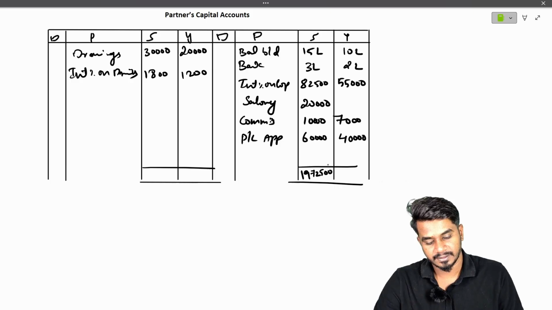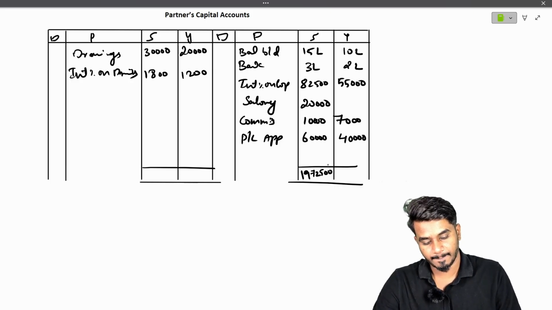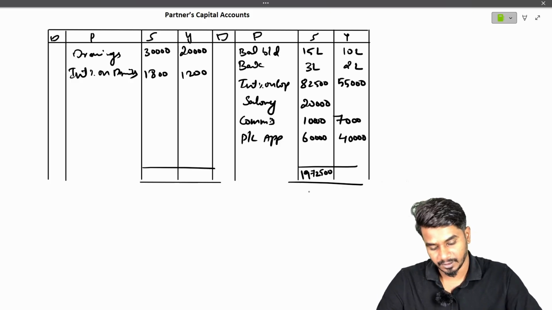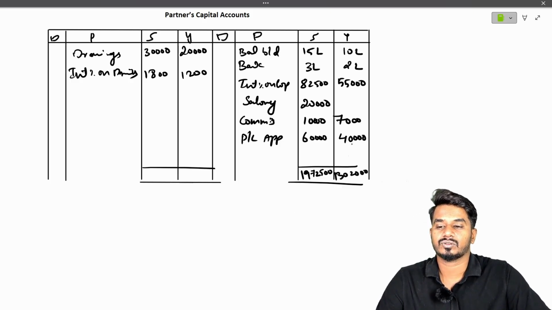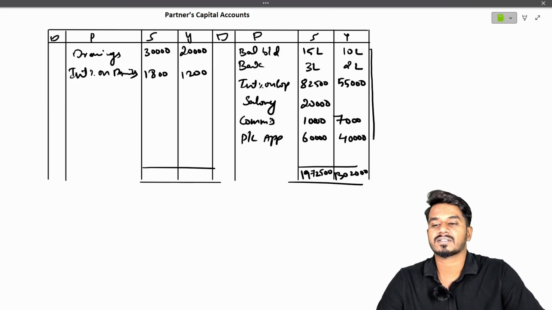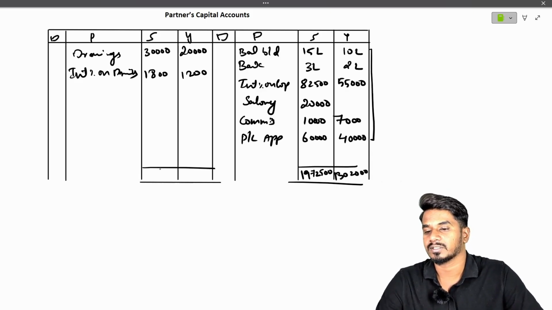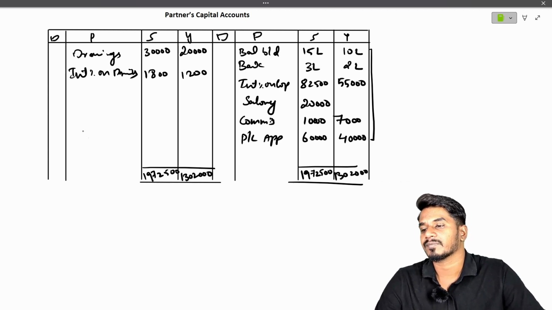Then next for Yasmin: 10 lakh rupees plus 2 lakh rupees plus 55,000 plus 7,000 plus 40,000. 13 lakh 2,000. So you have to total all these things. You will get 13 lakh 2,000. The same balances, 19 lakh 72,500 and 13 lakh 2,000 rupees.